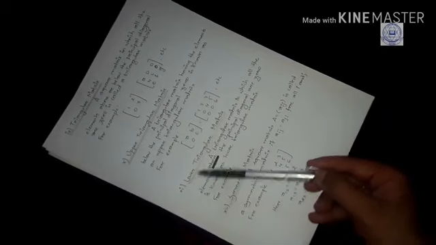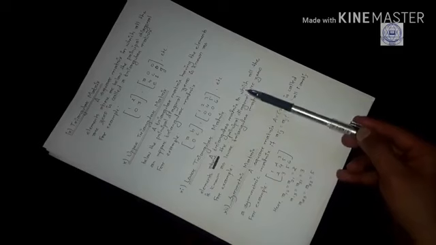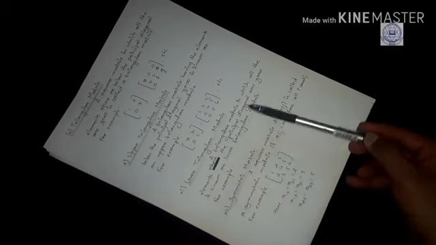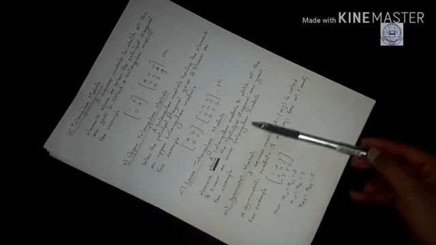The 11th one is the lower triangular matrix. A triangular matrix in which all the elements above the principal diagonal are 0 is known as a lower triangular matrix.